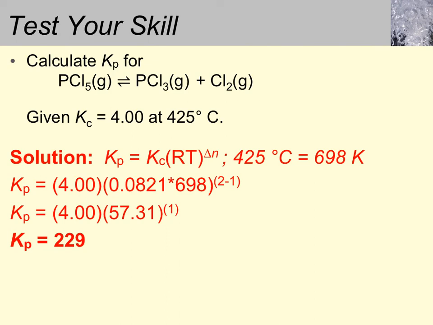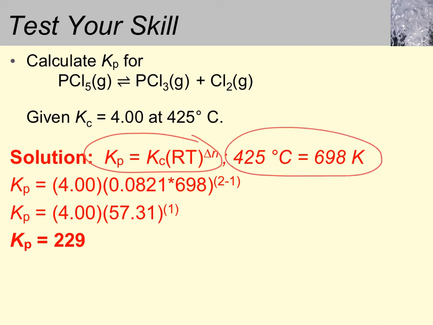Writing our formula again and just plugging in. You do have to be sure that your temperature is in Kelvin, so you may have to add 273 if it's given in Celsius. Probably what you need to be careful of is to make sure you got delta N correct.